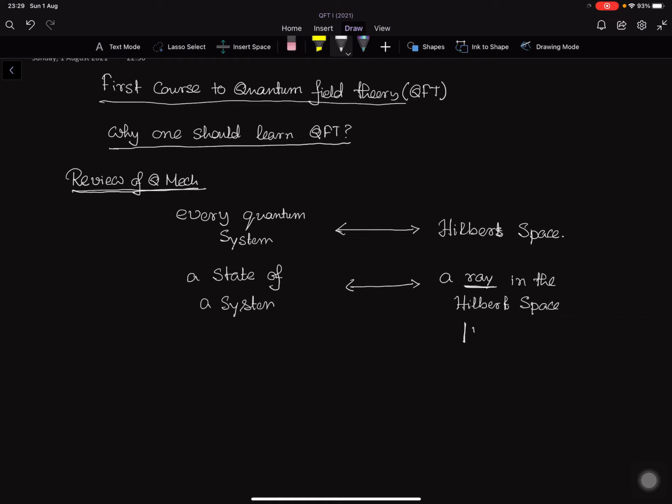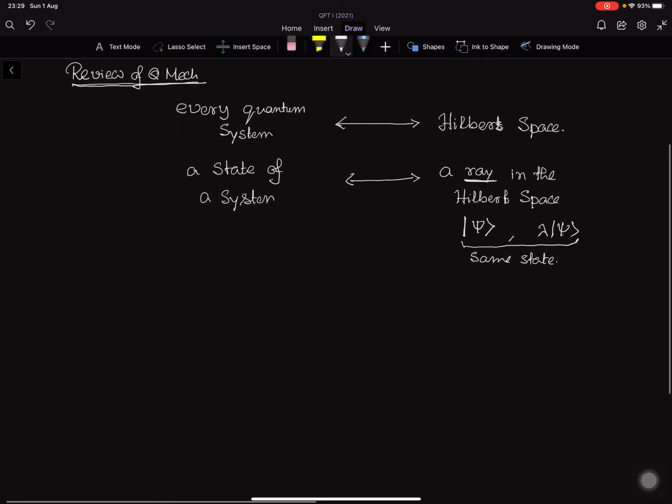Let's say if there is a state psi, and if we just multiply it by a complex number lambda, they correspond to the same state. That's why every state corresponds to a ray in the Hilbert space. And then a physical observable corresponds to Hermitian operators.